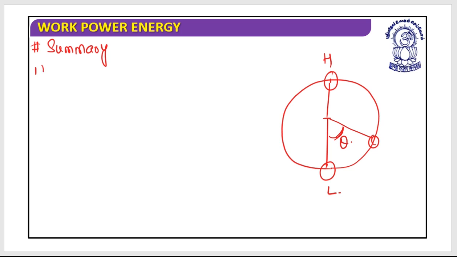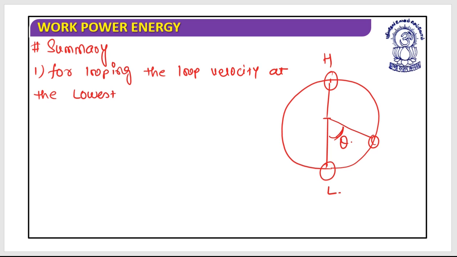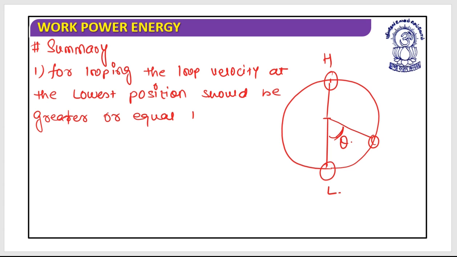So what we can say is, first, for looping the loop, velocity at the lowest position should be greater than or equal to root of 5rg.